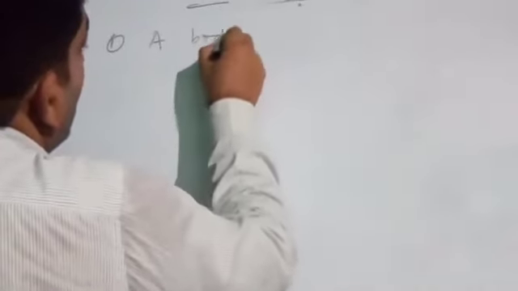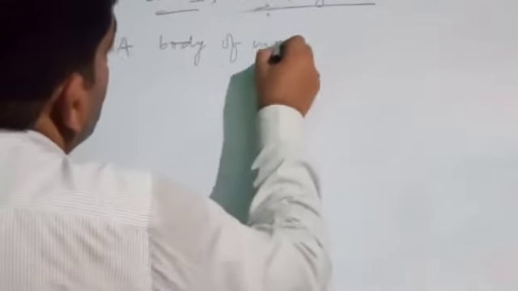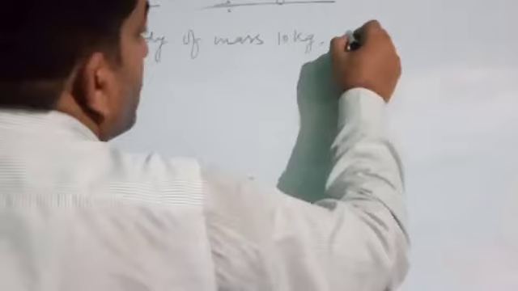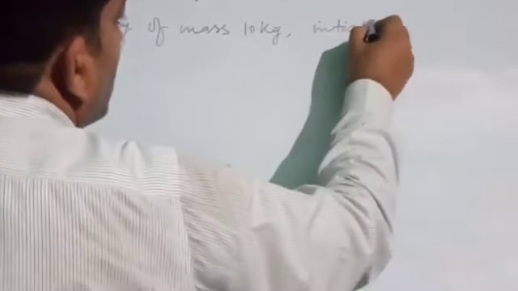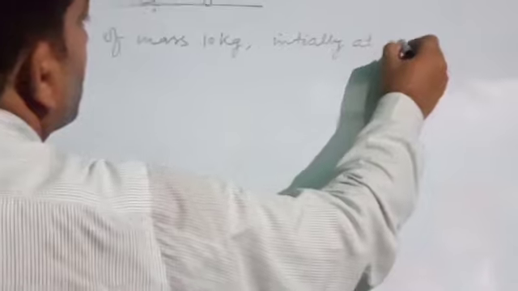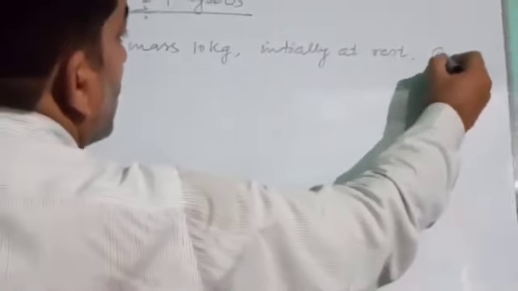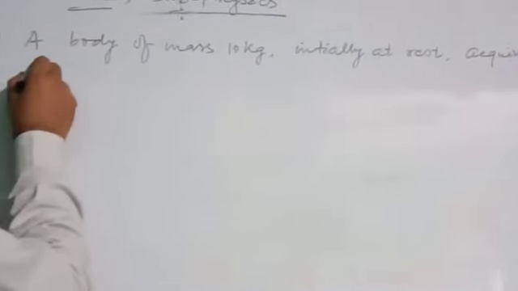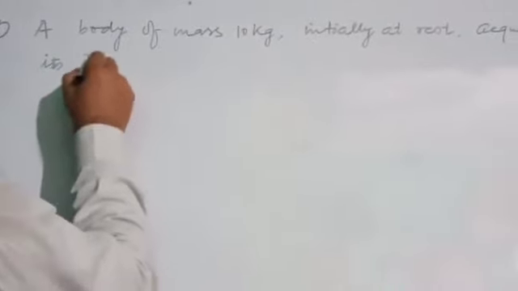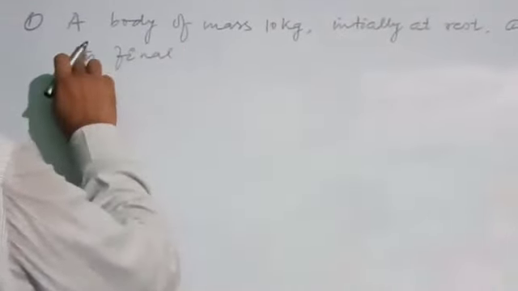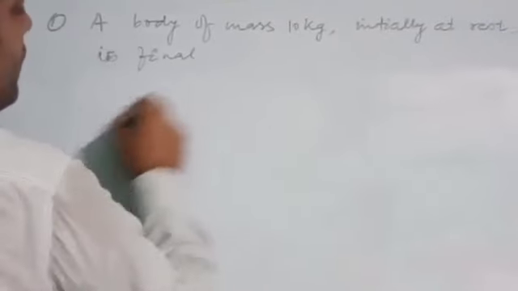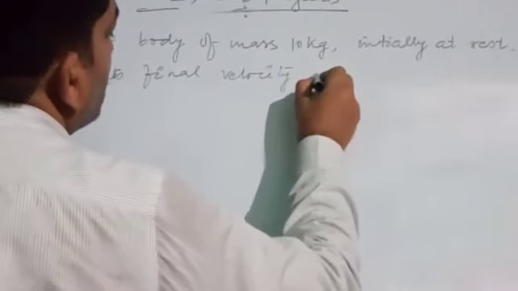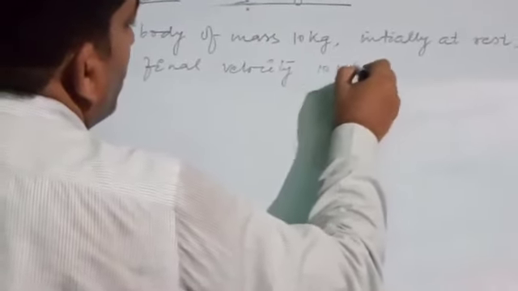A body of mass 10 kg, initially at rest, acquires its final velocity of 10 meter/second.